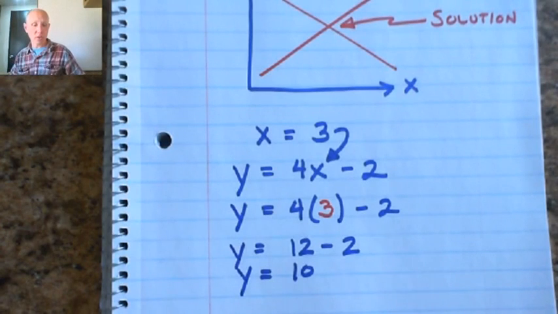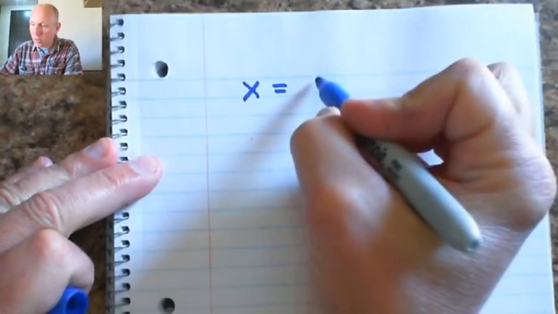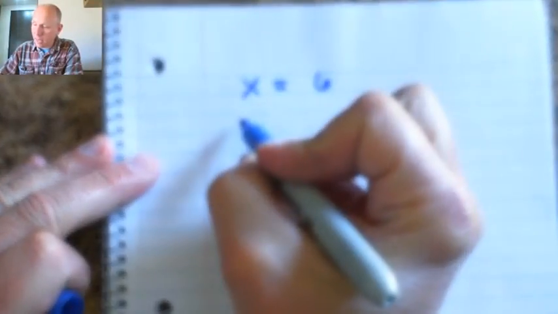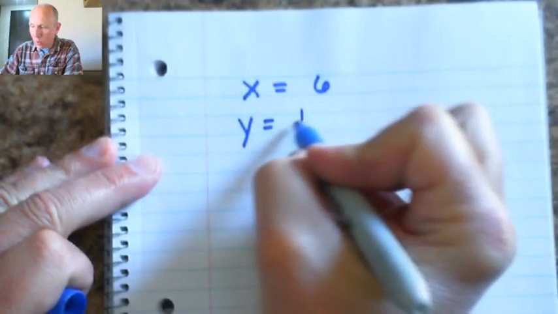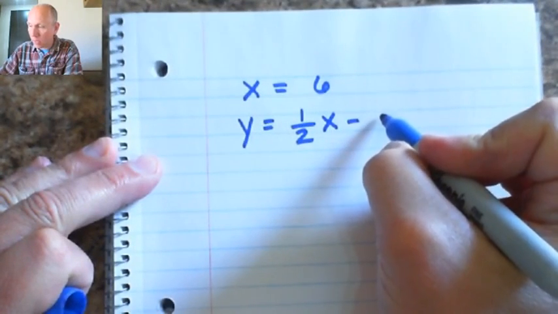Okay, get that into your notes. That's what we're doing today. I'm going to do one more example, and then we'll do some practice. This is still in your notes. If x equals, let's go with 6, and y equals 1/2 x minus, let's go with minus 5.